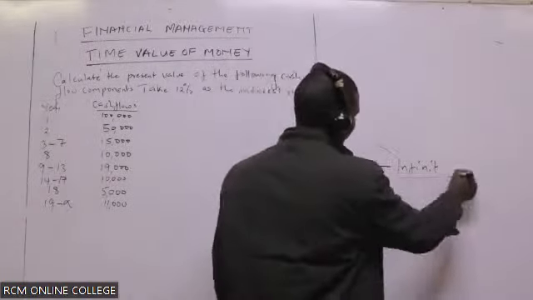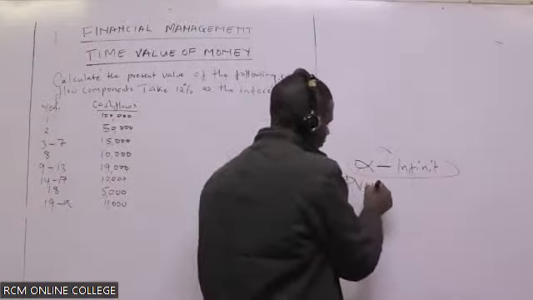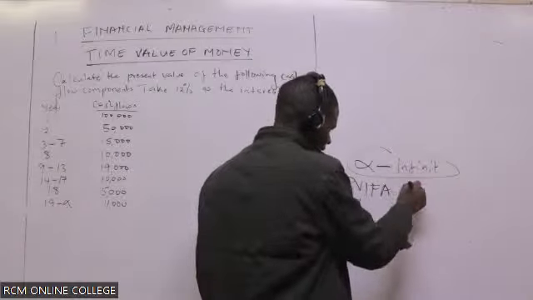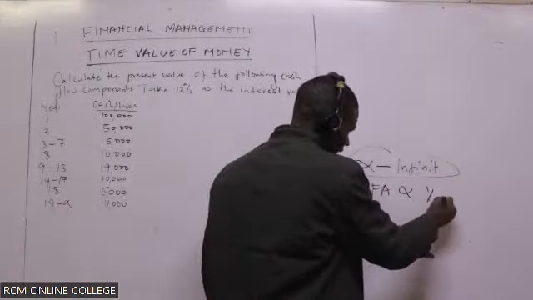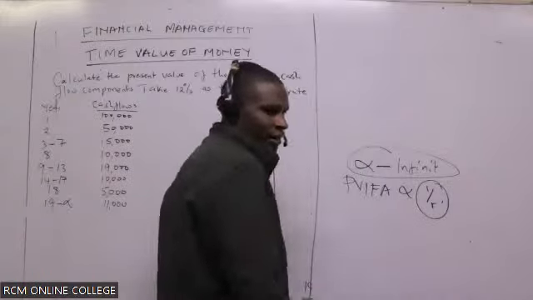I see we even have infinite. And to get the present value interest factor of annuity of an infinite, we say it's 1 over R. Please write that down.